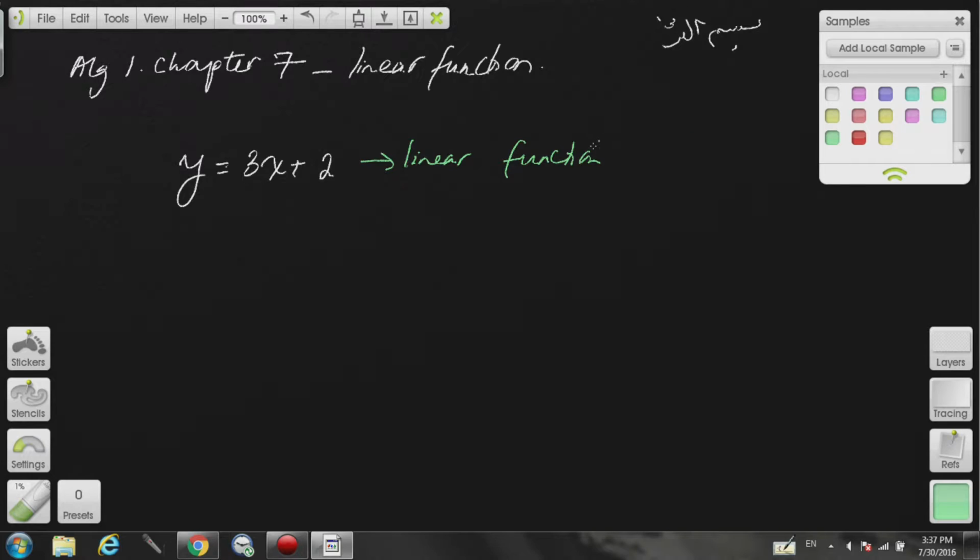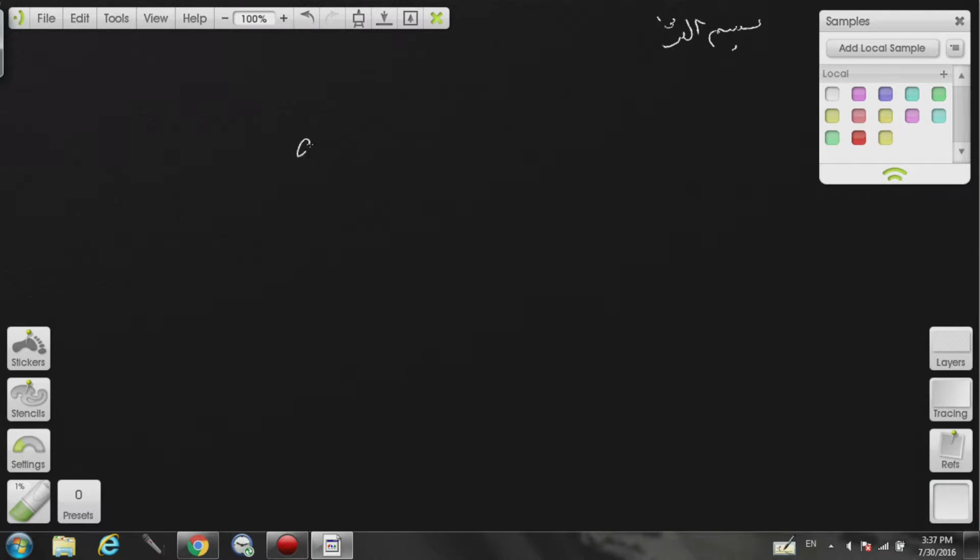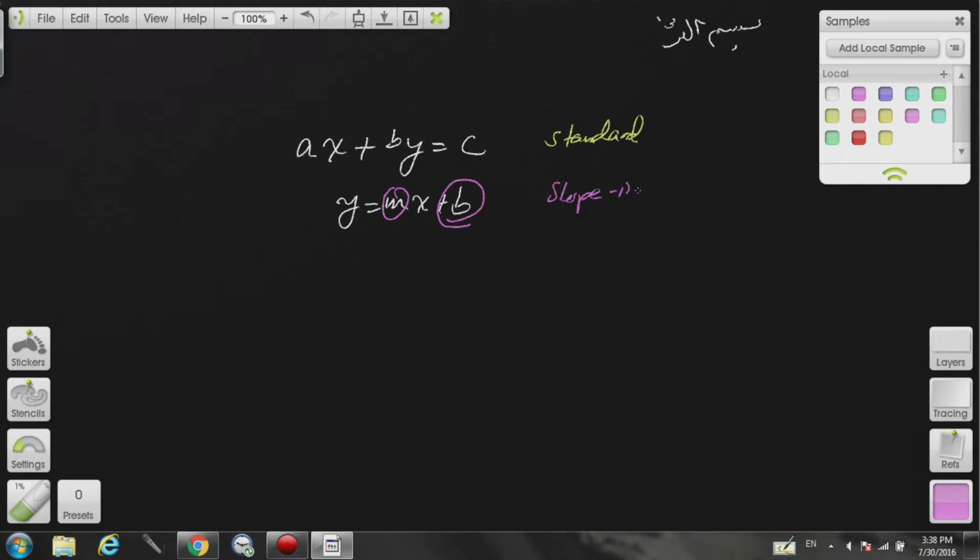Now, as you recall, there are three ways to write equations of a line. This is ax plus by equals c. This is one way, and this is the standard form of writing an equation of a line. And y equals mx plus b, and this is of course the slope-intercept form of writing an equation of a line.